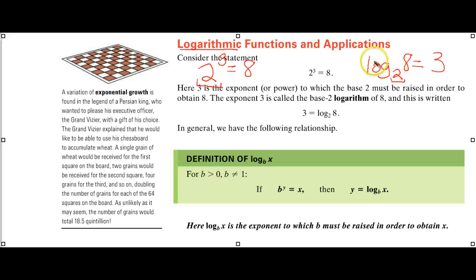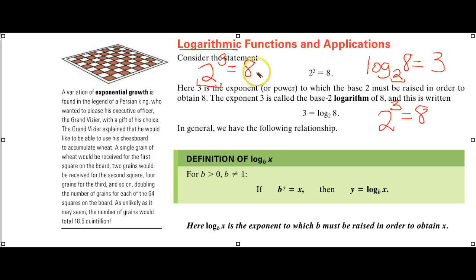Well, the log of base 2 that gives you an answer of 8 is 3. That is, if we convert this back into its other form, we say the base is 2, the exponent is 3, and that equals 8.